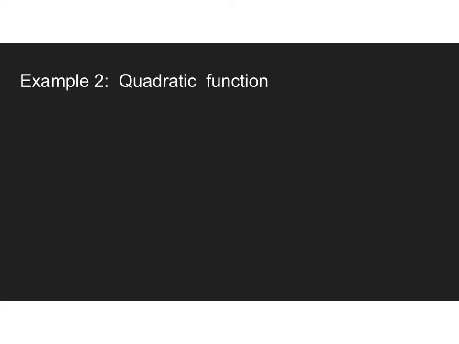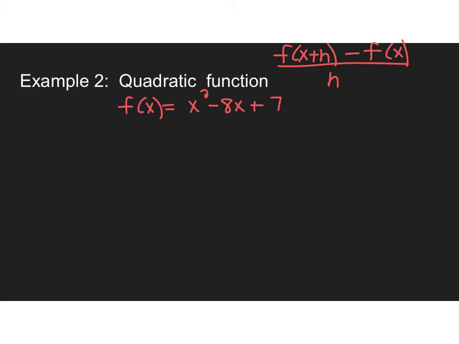Again, let's start by remembering that formula for difference quotient, which is f of x plus h minus f of x, all divided by h. Again, we have to start by finding f of x plus h. So let's grab our quadratic function, and I'm going to use x squared minus 8x plus 7.